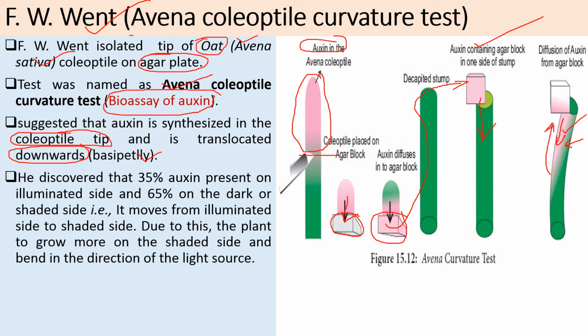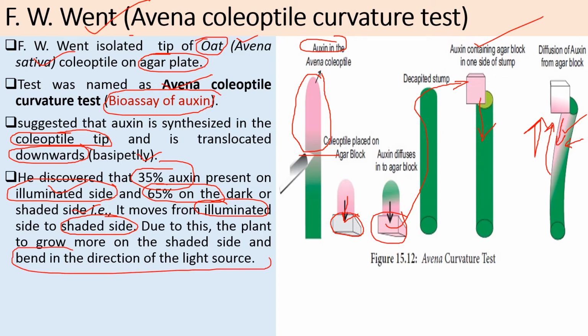So he discovered that जो 35% ऑक्सिन है ये प्रेजेंट होता है इल्यूमिनेटेड साइड पे, मीन जहाँ पे लाइट स्ट्राइक करती है सेडलिंग पे, और जो 65% है ऑक्सिन दैट इज़ प्रेजेंट ऑन द डार्क और शेडेड साइड. दैट इज़ ये जो इल्यूमिनेटेड साइड है वहाँ से ऑक्सिन मूव करता है टू द शेडेड साइड, और ड्यू टू दिस वहाँ पे ऑक्सिन की कंसनट्रेशन ज़्यादा होती है, जिसकी वजह से जो सेल्स हैं वो ज़्यादा इलोंगेट होते हैं, एंड दैट्स द रीज़न टू बेंड इन द डायरेक्शन ऑफ light source.